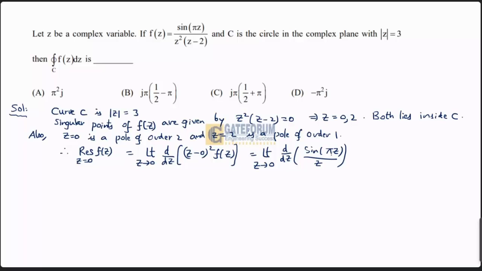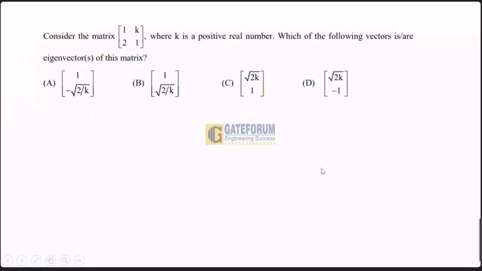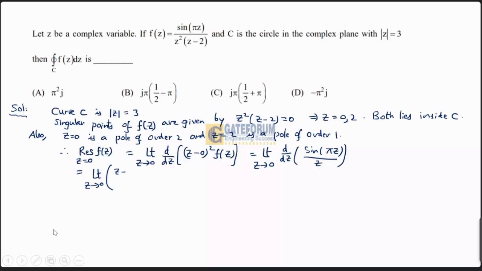So differentiation with respect to z, which is in the form of u by v, quotient rule, limit z tends to 0, of z minus 2 into derivative of sine pi z, which is pi cos pi z, minus sine pi z into derivative of z minus 2, which is 1, divided by z minus 2 whole square.